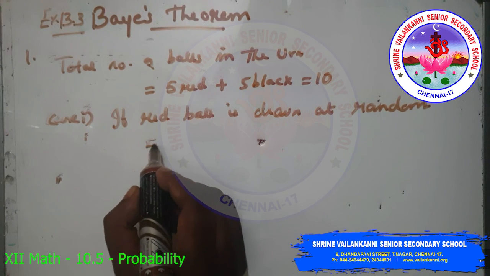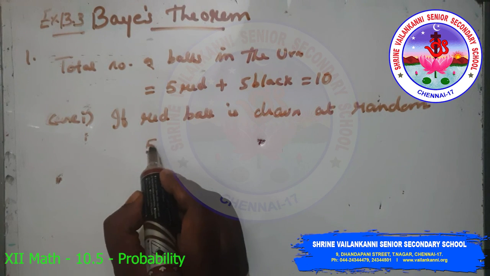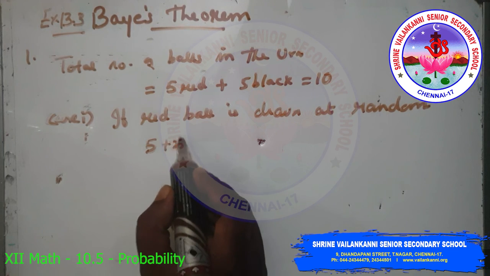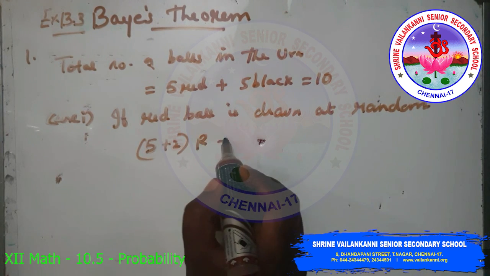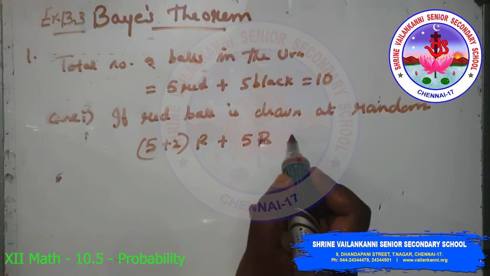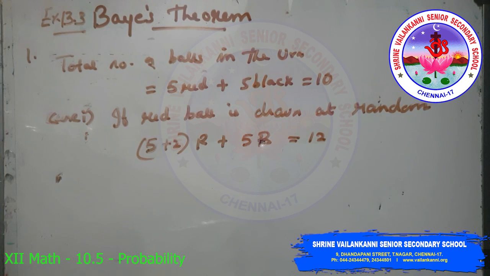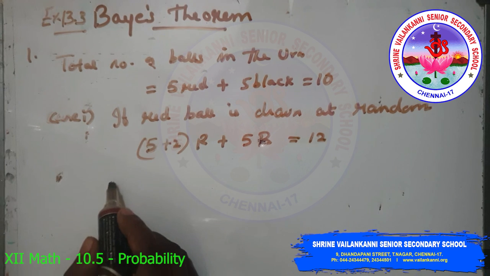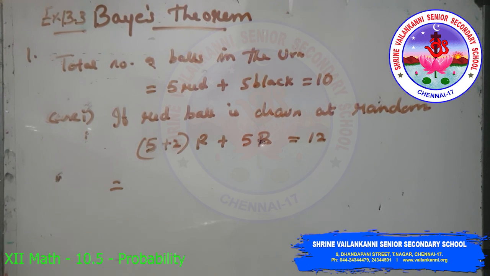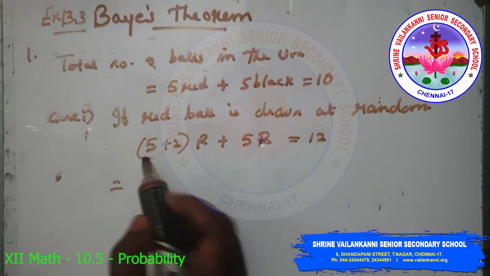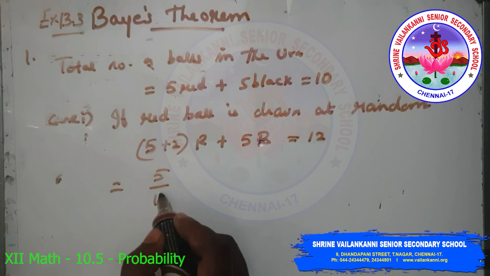Previously we have 5 red balls. When we add 2 more red balls, it is 5 plus 2, 7 red balls and 5 black balls. So in total we have 12 balls. Probability of getting a second ball red: the first ball, if we select red, is 5 out of 10.